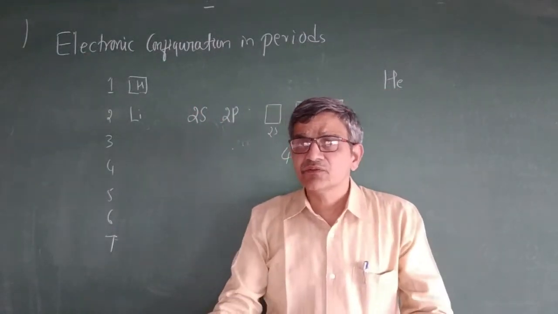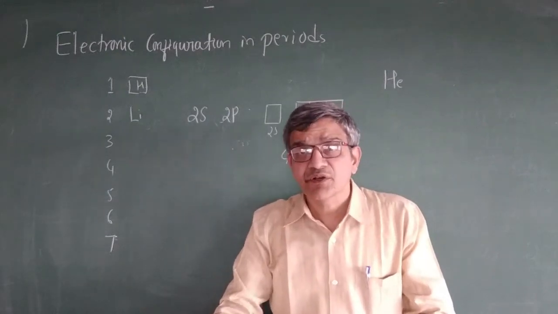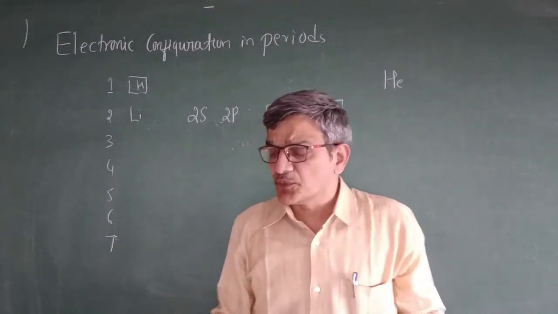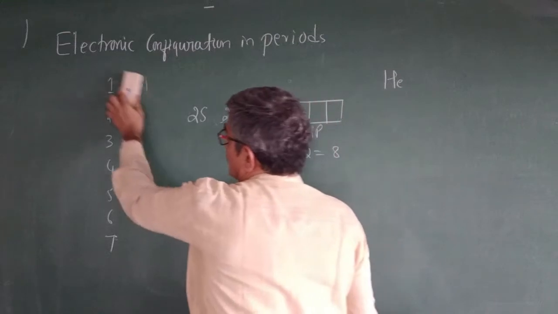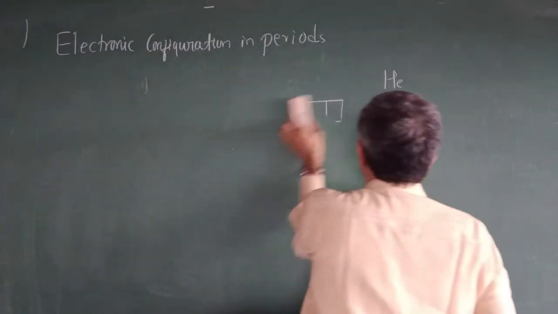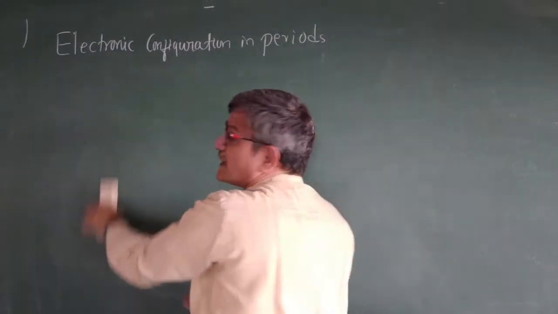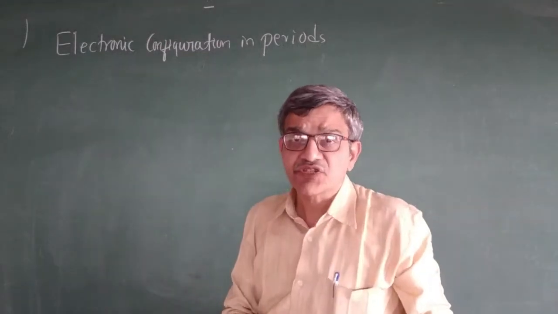Similar to the period, next is the group. When you observe the groups, each group has the same outermost electronic configuration.